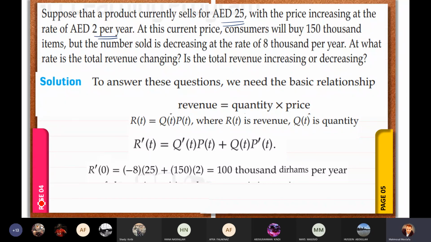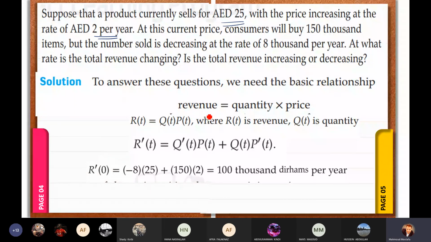At this current price, consumers will pay 150,000 items, but the number sold is decreasing at the rate of 8,000 per year. At what rate is the total revenue changing? Is the total revenue increasing or decreasing?